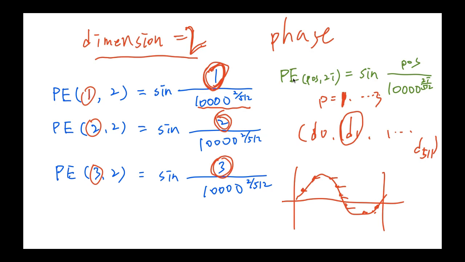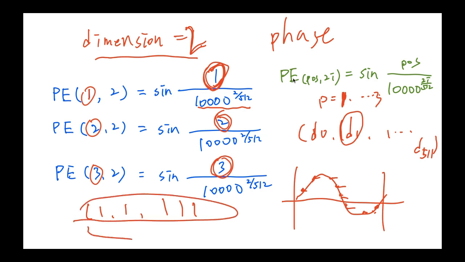Okay, so I hope you can get a sense of why they use a sine wave to represent the positional encoding. It's a hard-coded way, but it's better than directly assigning a pure value to each position. They just use a more sophisticated way to represent that, but it's fixed.